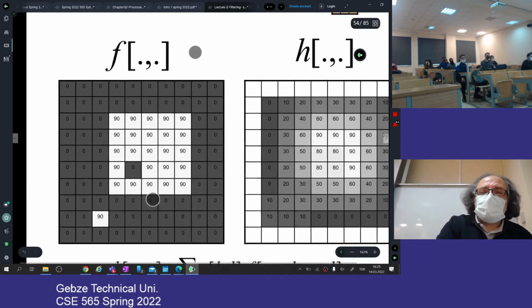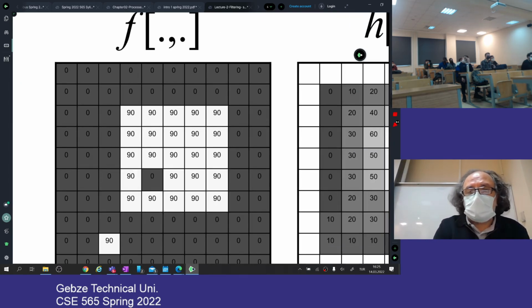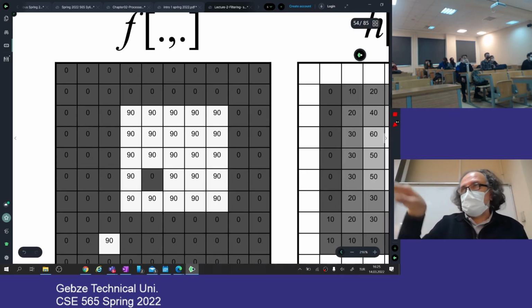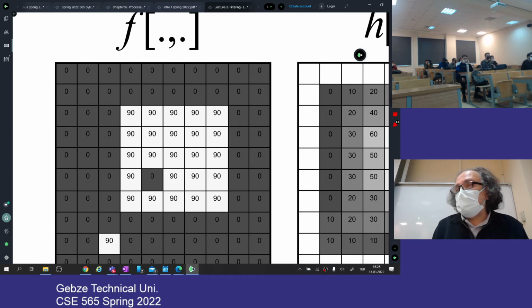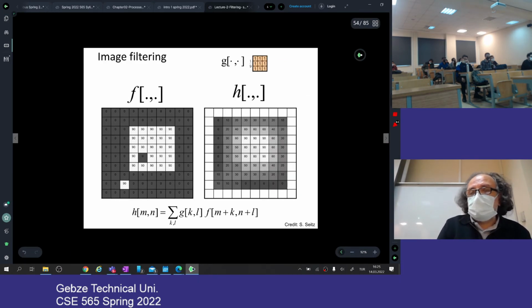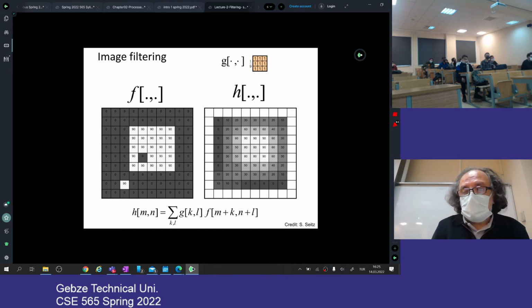And in real images, actually, you don't see these kind of sharp changes from 0 to 90, okay? Maybe in synthetic images, but in natural images, you don't see those kind of changes very often. So filtering, in this case very simple average filtering, can take care of those kind of problems.